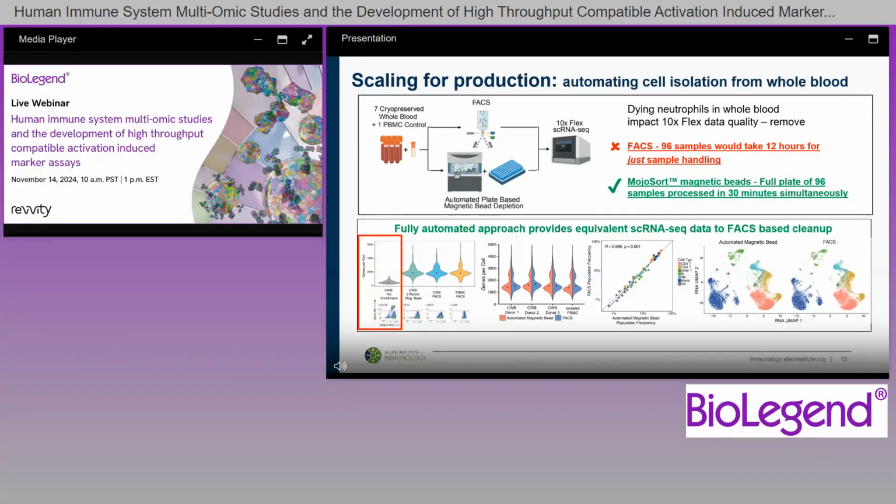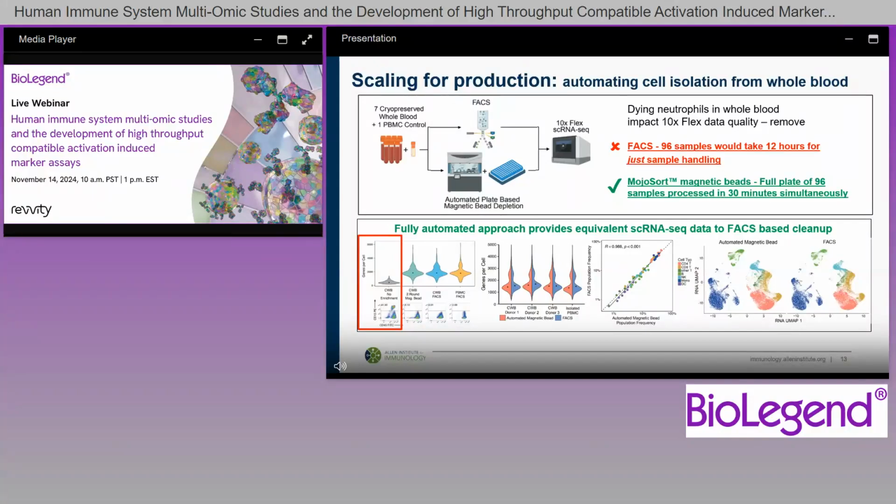But when we need to increase the batch size that we're running, when we're looking at larger cohorts and building out these assays to be higher throughput, sorting samples by hand is not feasible. And so if it takes 7 minutes to do one sample, the theoretical time it would take to do 96 samples is around 12 hours.